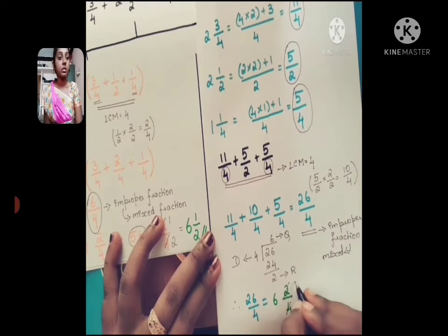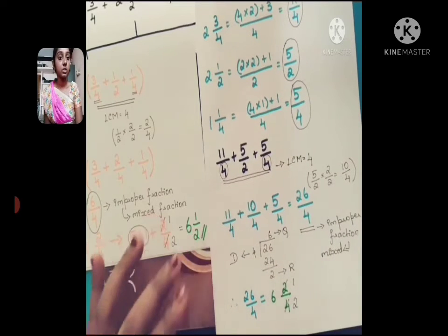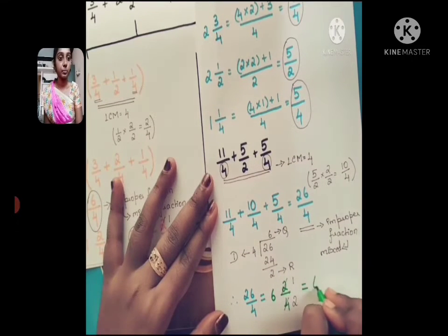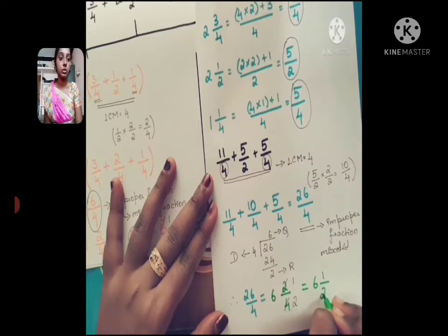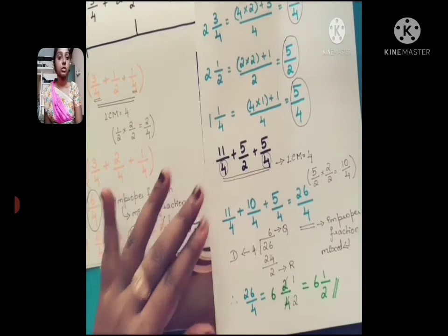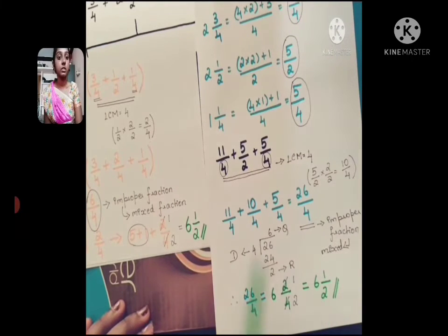So the mixed fraction we have got is 6 2 by 4, reducing which we will get 6 1 by 2, which is the required answer, and the answers we have got with both the methods are the same.